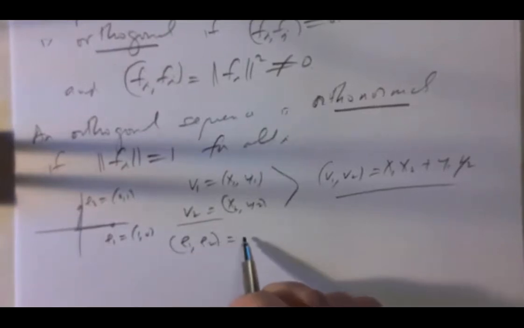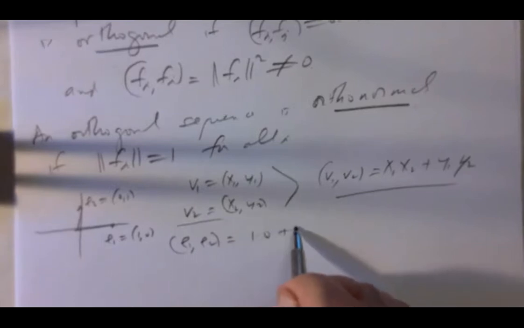So you saw that in Calc 3. The inner product of e1 and e2 is 1 times 0 plus 0 times 1, which is 0.